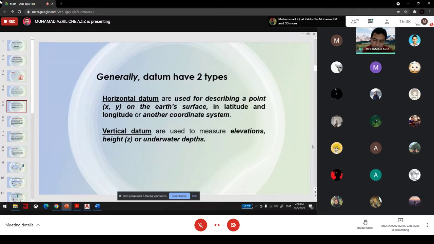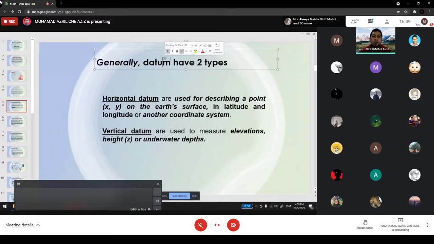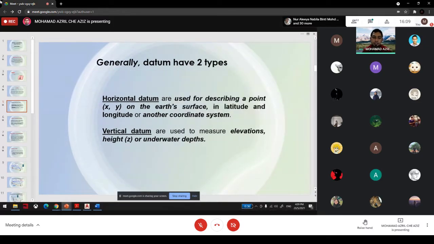Yes, chapter 2 leveling. Okay, you already learned. In leveling there is a vertical datum, right? What is the vertical datum for the leveling that you know? Tak tahu, sir.